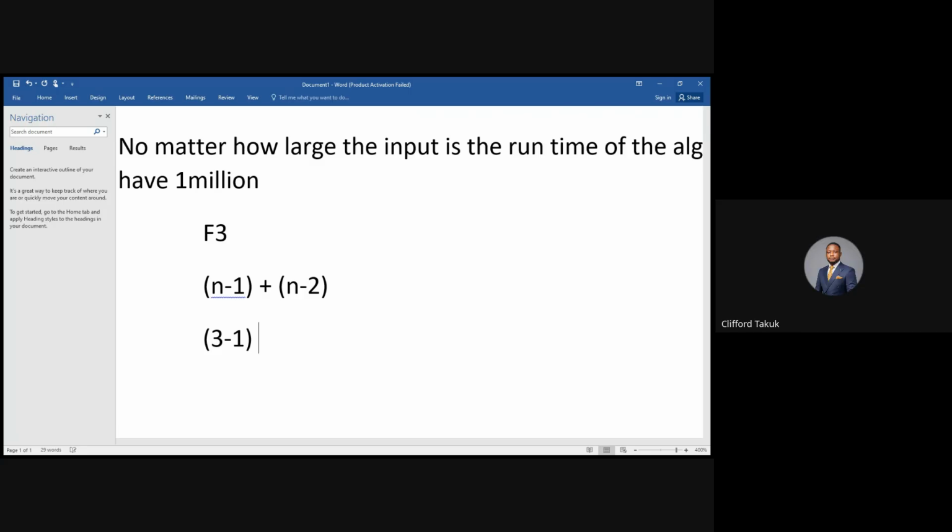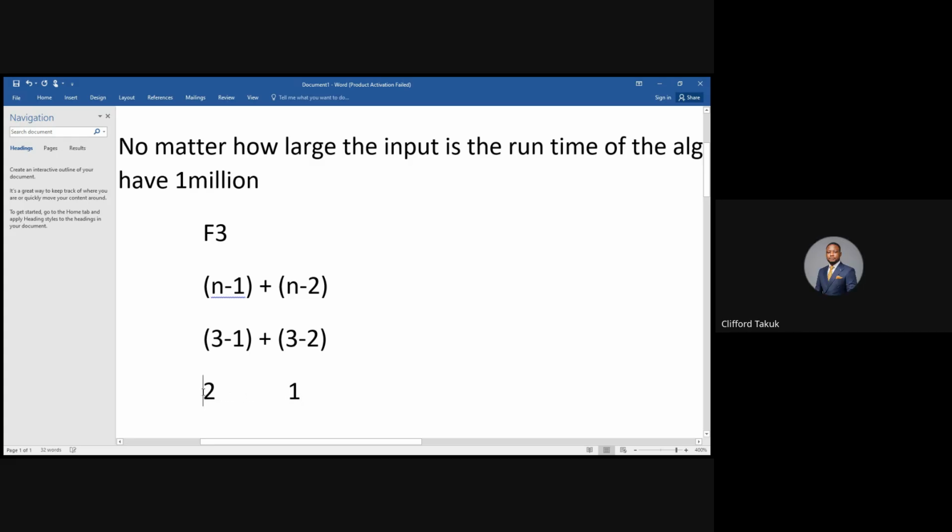Plus 3 minus 2. So therefore, this one will give us... hold on. Cancel it. Clear the 2. So that is what I'm doing. Do F brackets open 2.